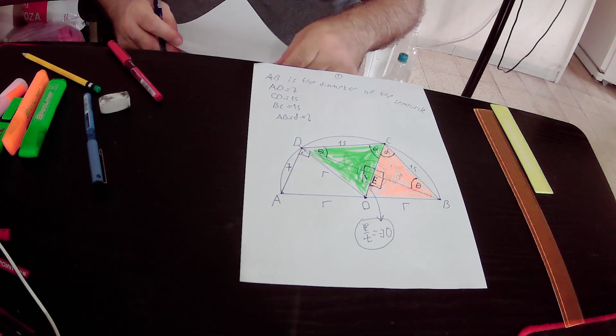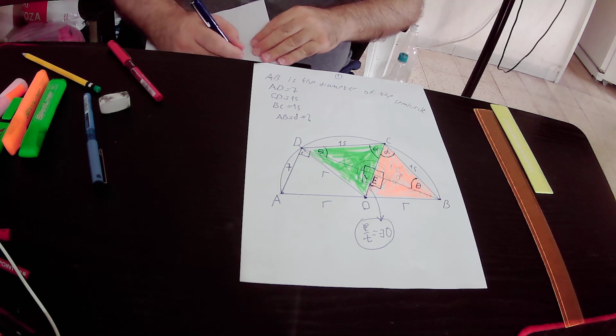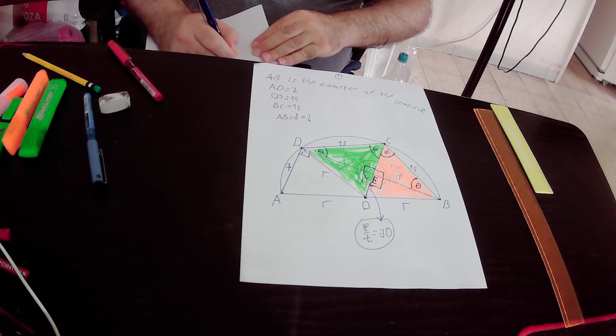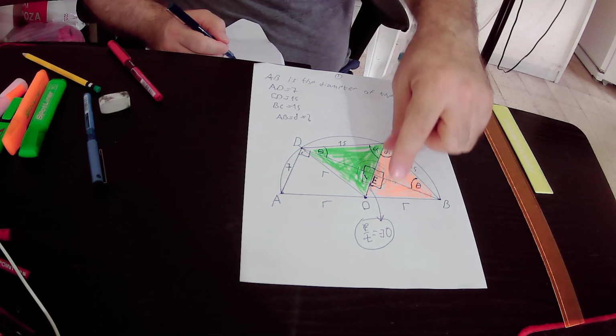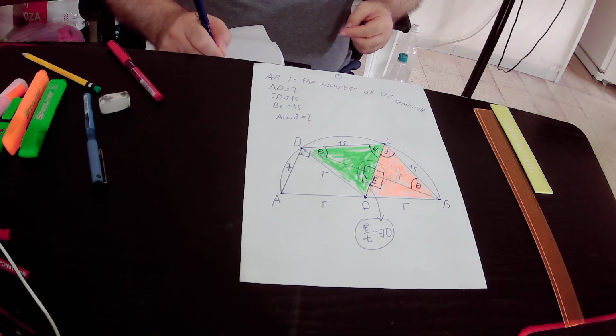And what is the value of OC? OC is the radius of this semicircle, so EC equals R minus OE. We have already found out that OE equals 7/2 units.